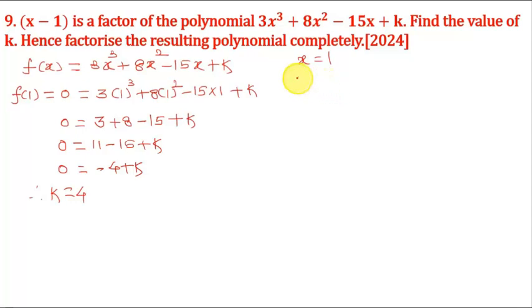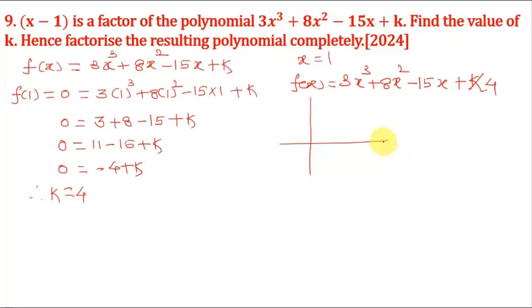Therefore, our polynomial f of x is equals to 3x cubed plus 8x square minus 15x plus k. The value of k is 4 here. Instead of k, we'll write here 4. Now, as x minus 1 is a factor, we will find out the second factor with the help of, again, synthetic division.